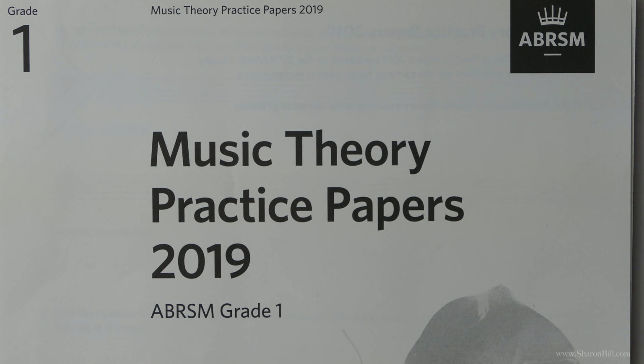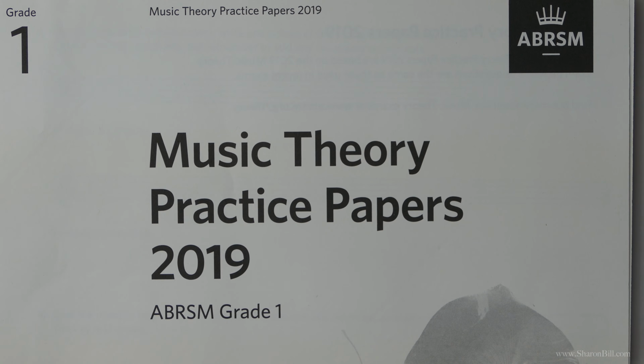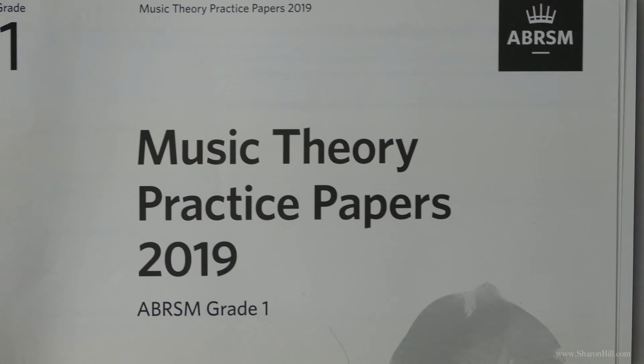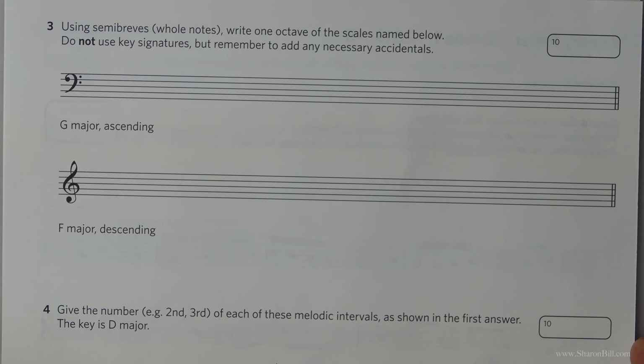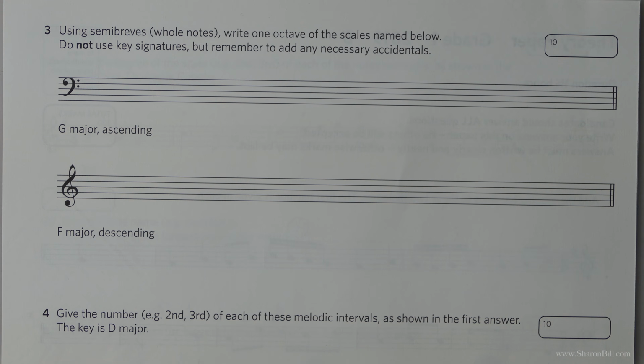So if you turn with me to page 8, we'll continue with this paper B of the 2019 practice paper. So here we are, grade 1, paper B, question 3. Now we have some questions to do with scales.